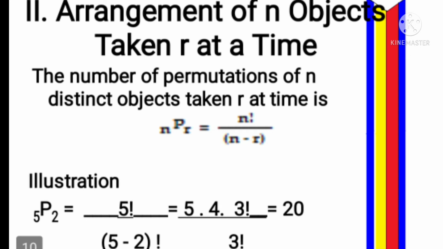In illustration, we'll have 5P2. So we have 5 factorial over (5 minus 2) factorial. Then we have 5 times 4 times 3 factorial all over 3 factorial. So cancel the 3 factorial, and then we got 5 times 4, and that's 20.